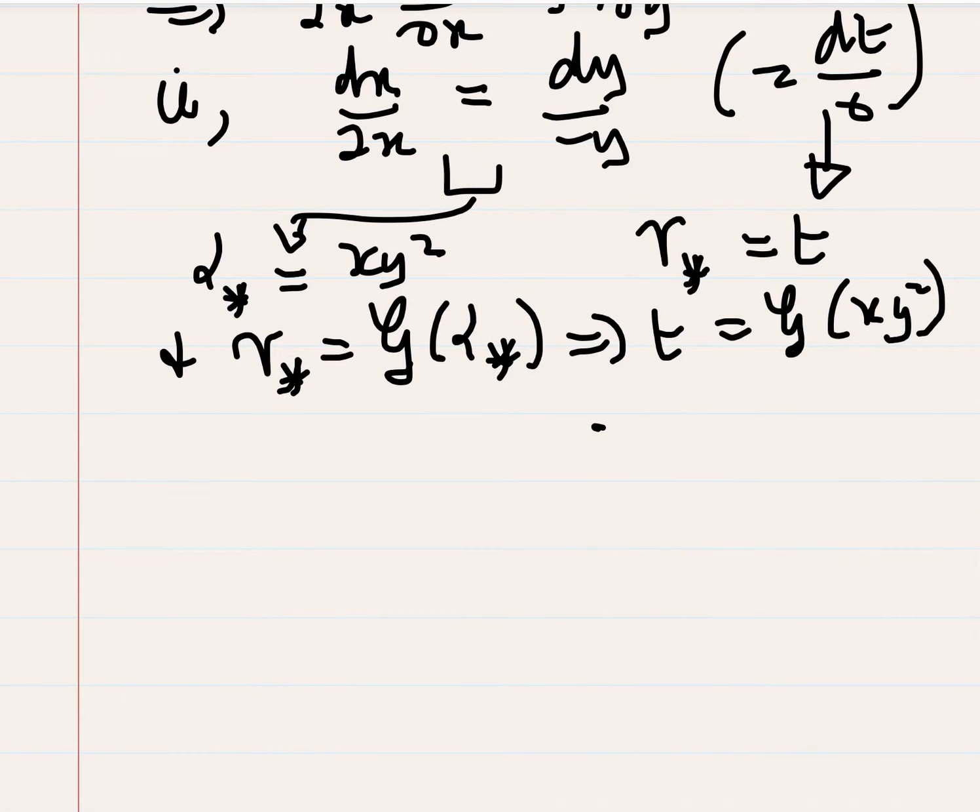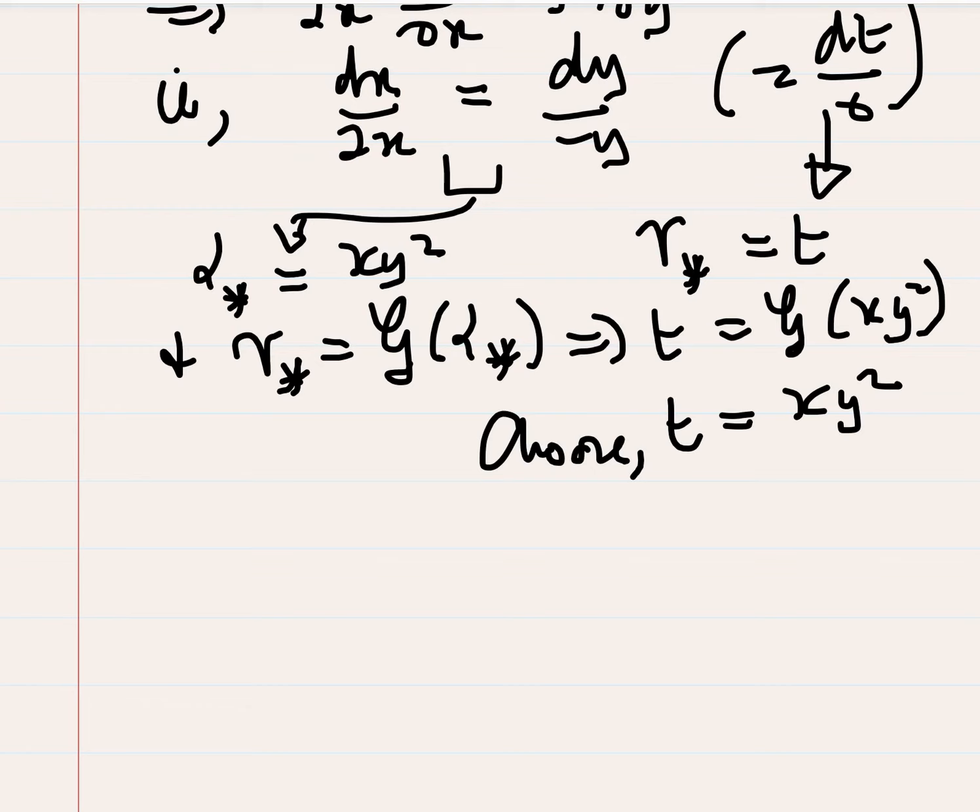Right, so we will choose a form of t because curly g is an arbitrary function. So we will choose the curly g to be the identity function, so t will be very simply x y squared.